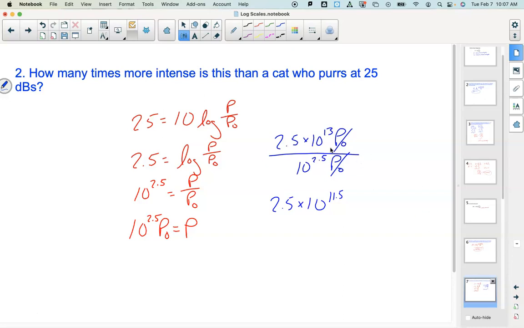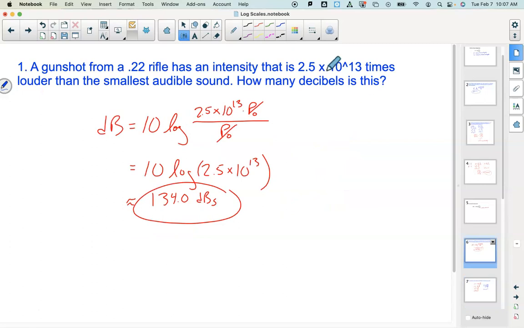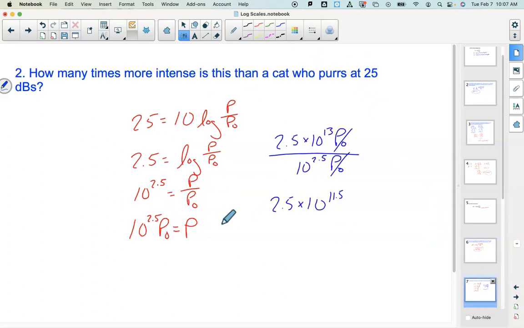So we're taking the intensity of the gunshot divided by the intensity of the cat purring. And this is going to be an enormous number. I don't even know if my calculator is going to want to do this.